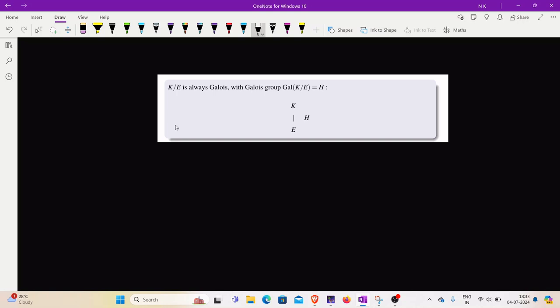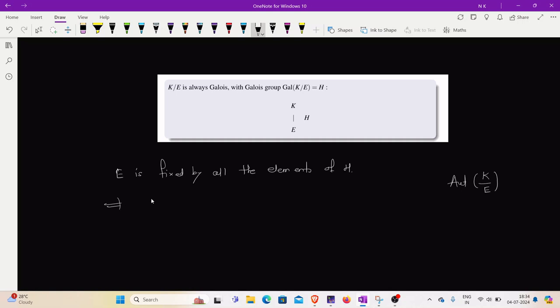Now what is E? E is nothing but the fixed field of H. So that is why E is fixed by all the elements of H. But actually, what are the automorphisms that fix E? The automorphisms that fix E are nothing but the set of all automorphisms of K over E. So this is the collection of all automorphisms that fix E. H also fixes E, so H is going to be a subgroup of this.